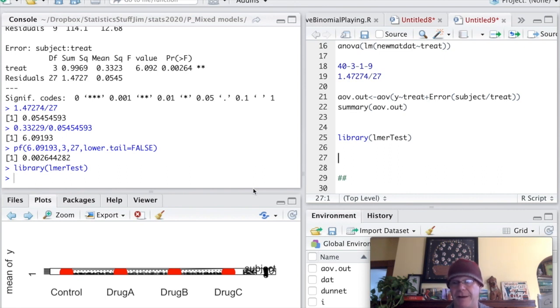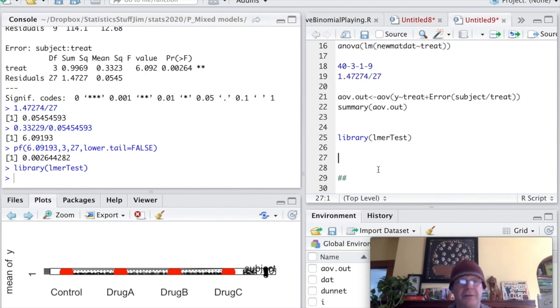So it's the part of the error that I can explain, so I don't want to treat it as the unexplained part of my error. It's the exact same thing that we did when we did the block design, which again was just a linear model with the organized error structure, and the exact same thing we did when we did a nested ANOVA, which again is just a mixed model.